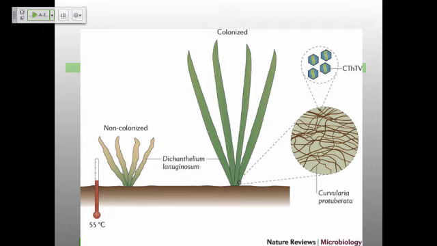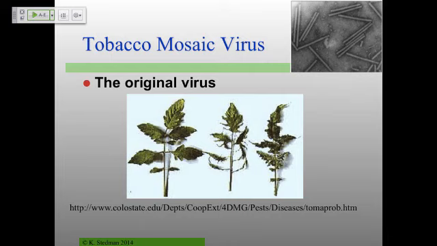So last thing I wanted to talk about is tobacco mosaic virus. This was the original virus way back when Beijerinck and Ivanovsky showed that this was a filterable agent that could still cause disease. While the meeting that I was at in Paris was at the Pasteur Institute, one of the things that I did while I was there is go and visit Pasteur's tomb, which is right below his lab.